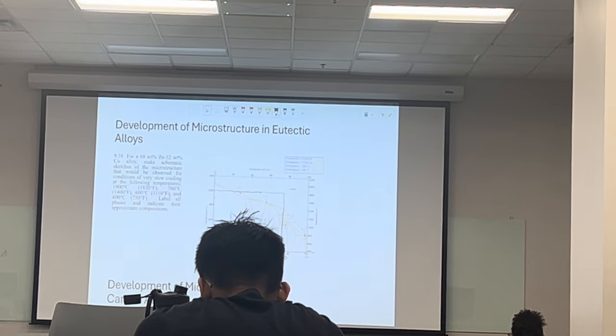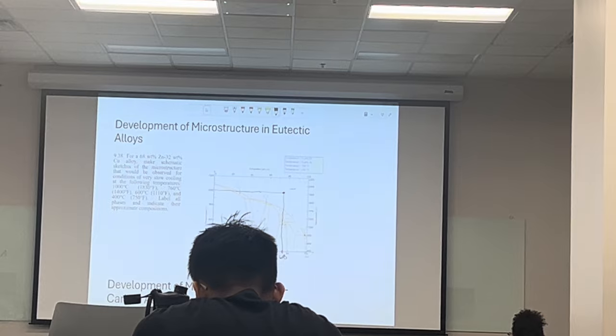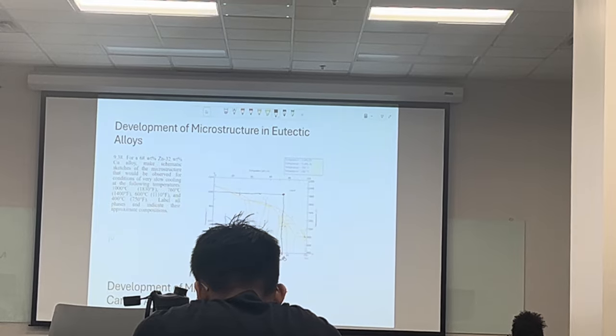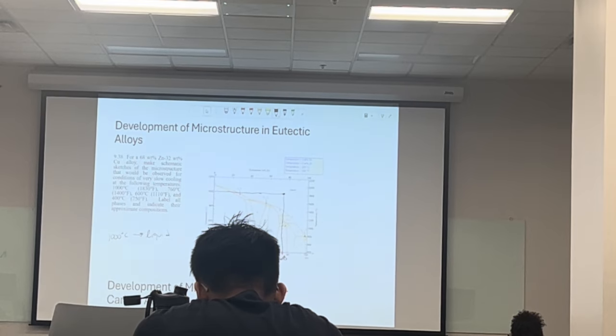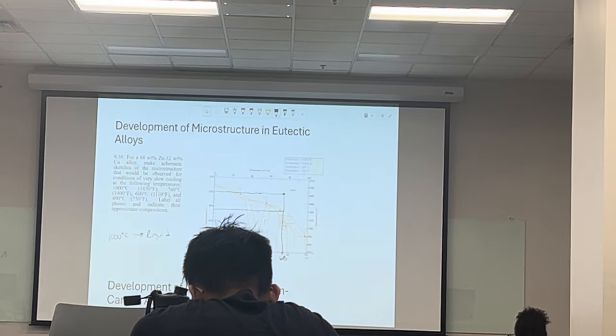Okay, so the first one. At 1,000 degrees Celsius and 68 weight percent, we see that we're in the liquid phase. So that one's in the liquid phase. If we drop down to 760, which I'm going to guess is somewhere in there, it looks like the gamma plus L phase.